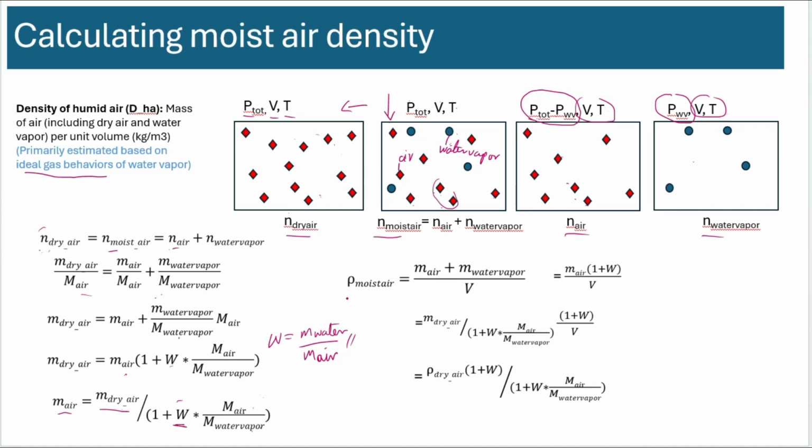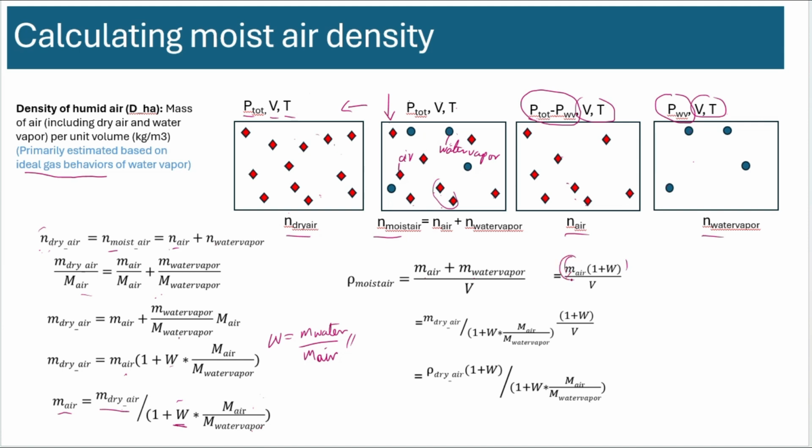Now what exactly is the density of humid air? It is written as the total mass inside this chamber, which is m air plus m water vapor, divided by the total volume. So that can be rewritten as this by taking out the mass of air and multiplying it with the humidity ratio.